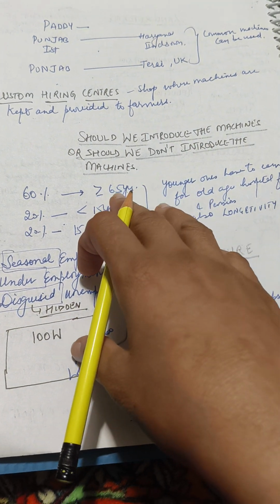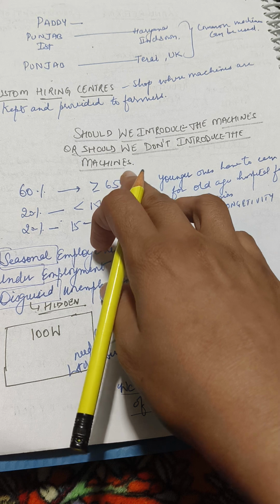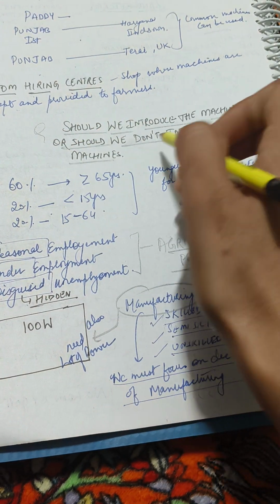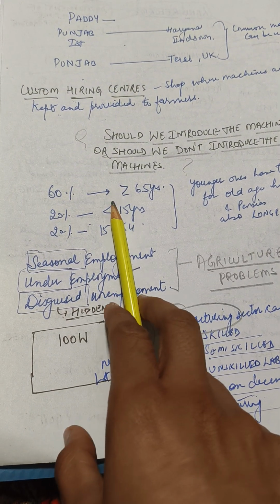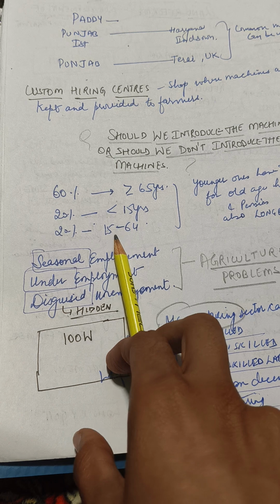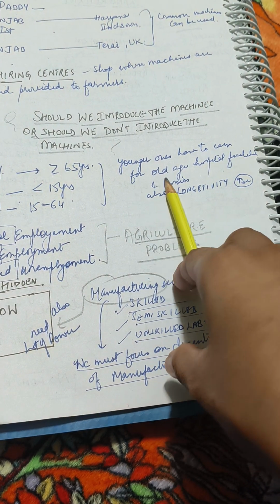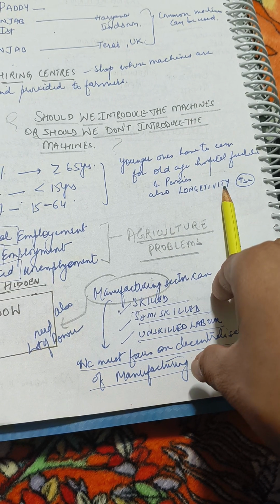Okay, so should we introduce machines or should we not introduce machines? This is a question which comes to our mind. Then we find that 60% are more than 65 years, 20% less than 15 years, and 20% are 15 to 64. The younger ones have to earn for old age, hospitals, facilities, and pension, also longevity.